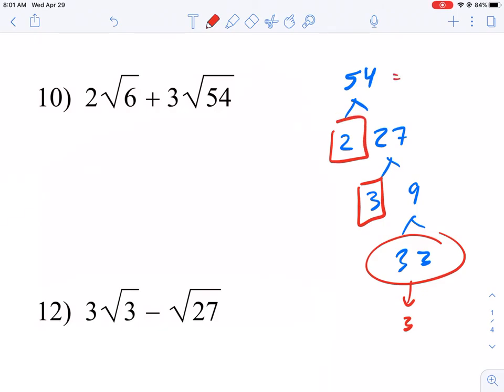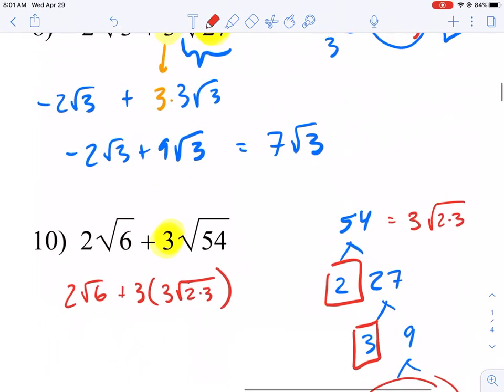So we can rewrite this as 3. This 3 escapes. Radical 2 times 3. Okay, but you cannot forget about this 3 out in front. That's very critical. So we're going to write 2 radical 6 plus 3 times 3 radical 2 times 3.